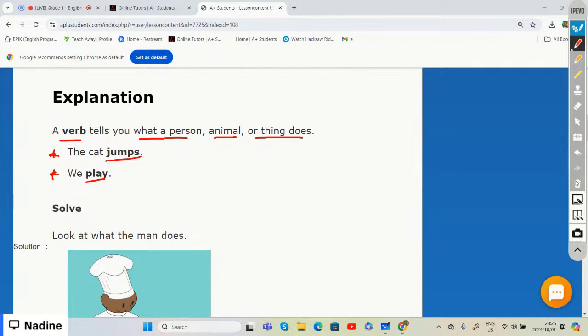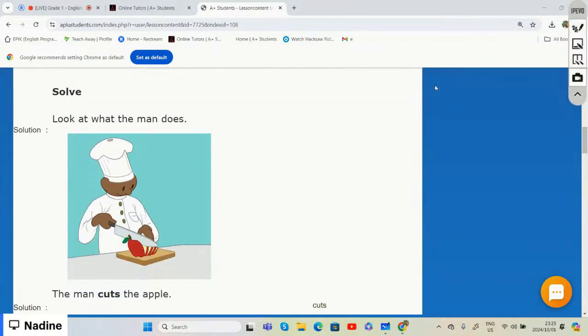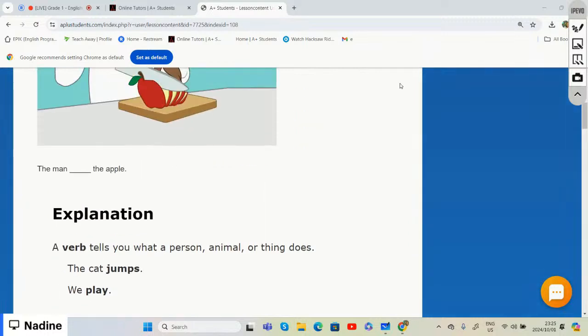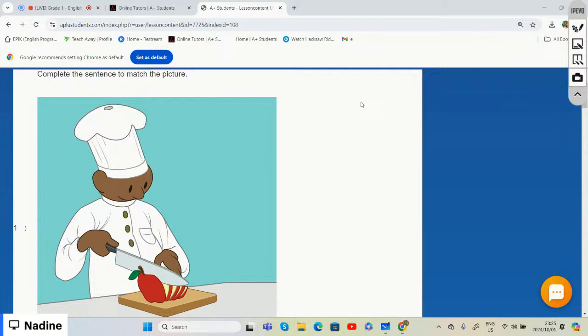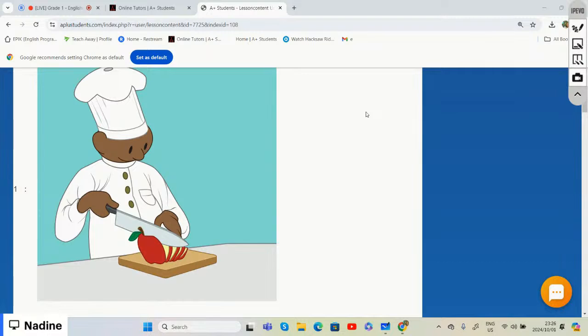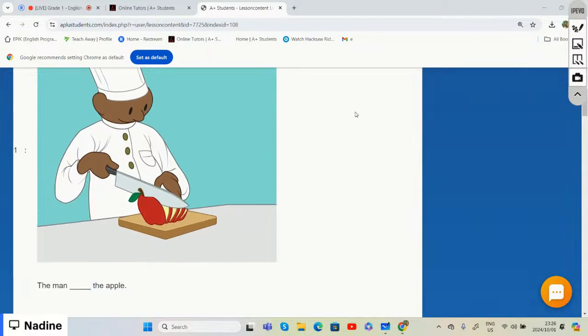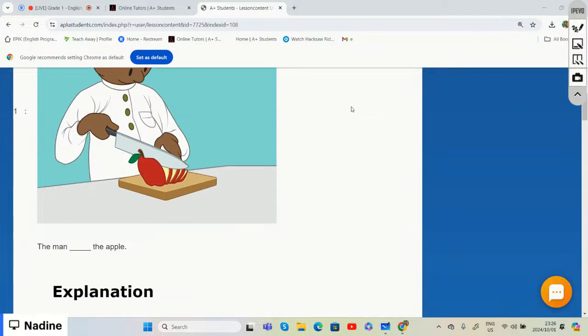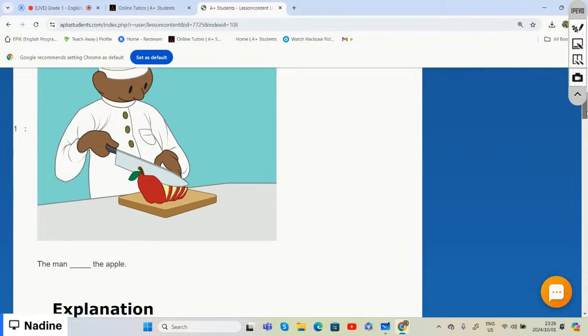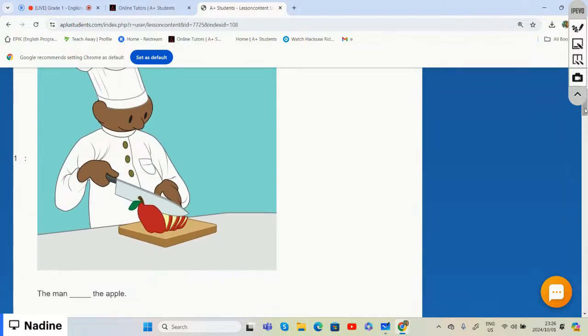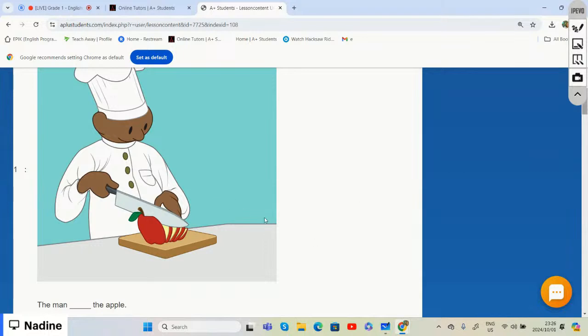So now we're going to look at the picture, and then we are going to complete the sentence to match the picture. We're going to write down the word or the verb that tells us what the person in the picture is doing. If we look at this picture, this man is busy doing something to an apple.